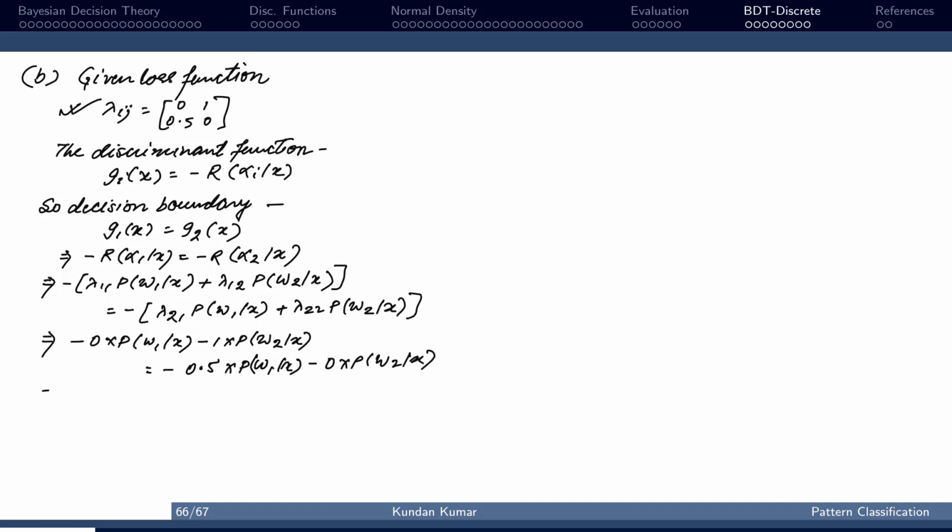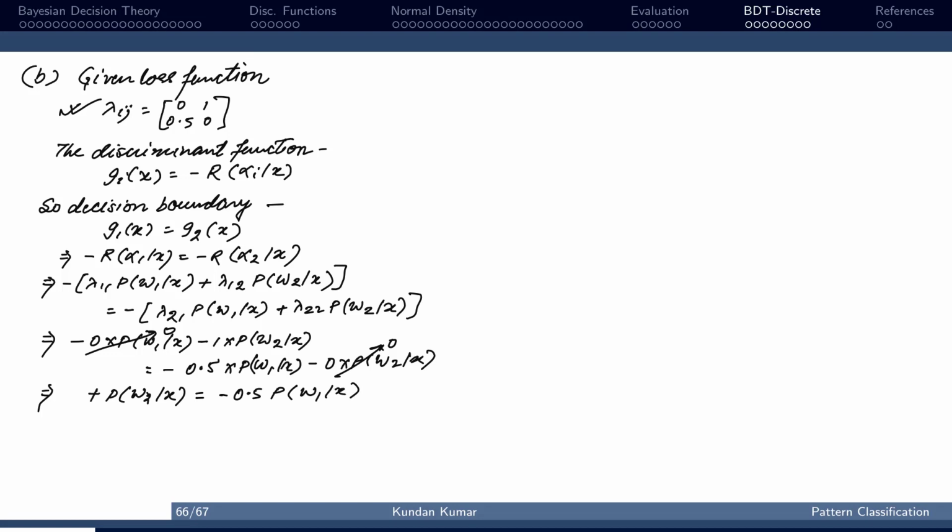Then this term will be 0, this term will be 0. So we have minus P(omega 2 given x) equal to minus 0.5 P(omega 1 given x).